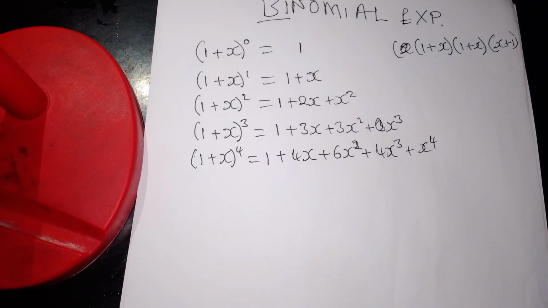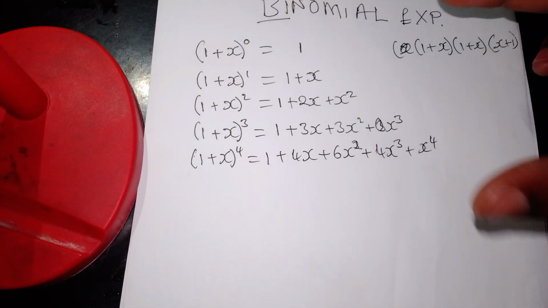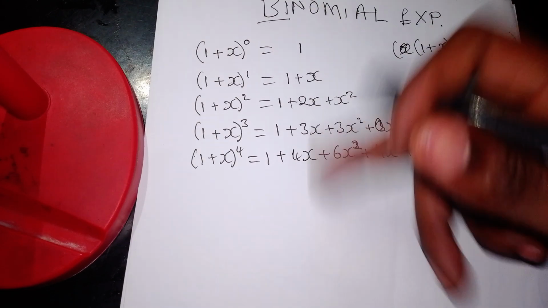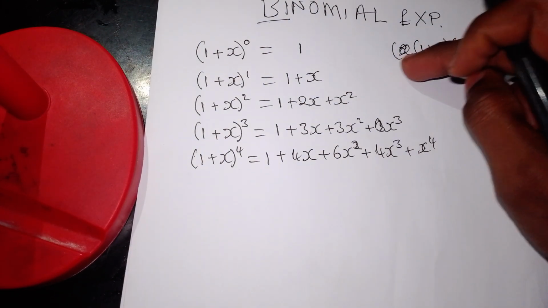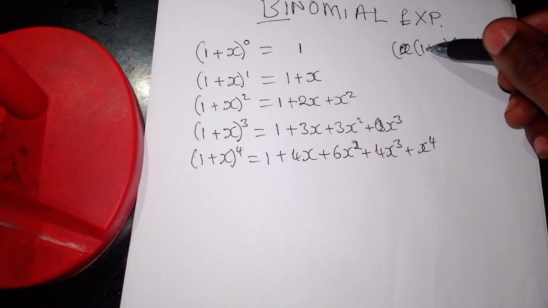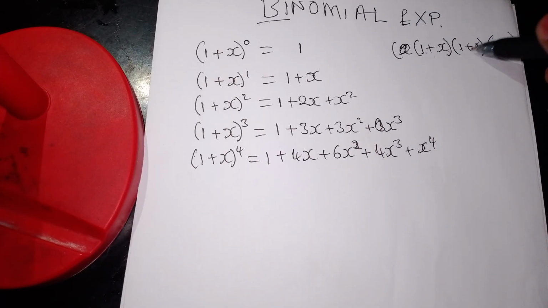So now, how was it possible for me to expand all these within seconds without going through multiplying this by this, by that? I was basically just using Pascal's triangle.